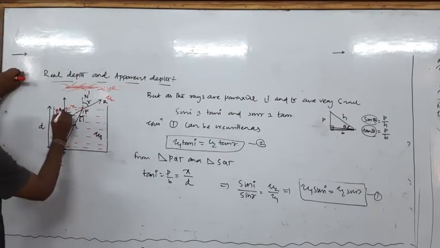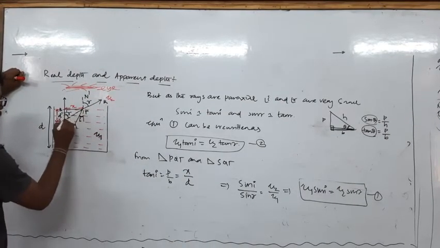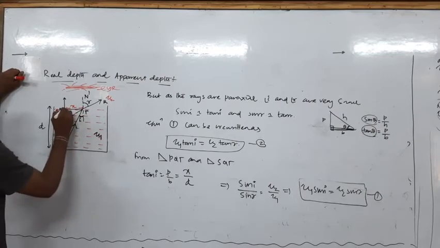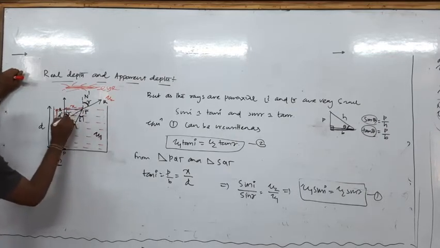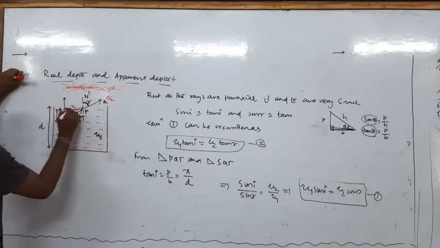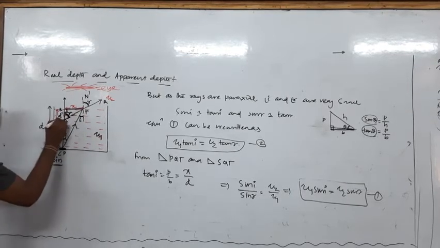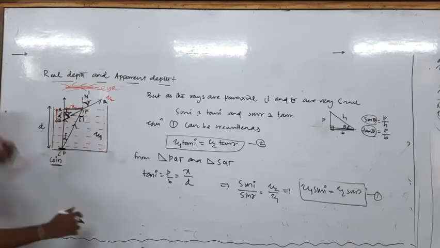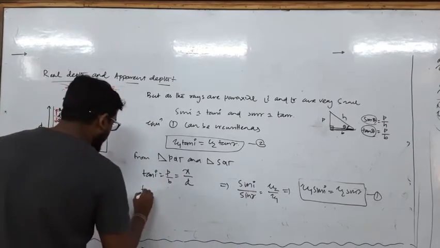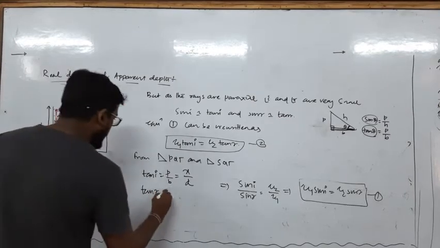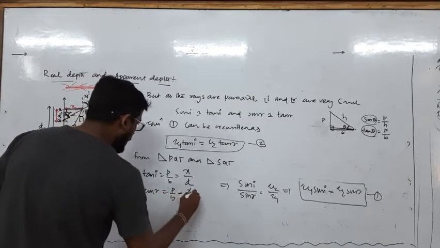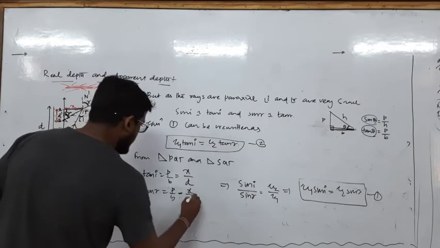Similarly, from the right angle triangle QST, this angle is R, so this angle is also R. This is the triangle I am considering, SQT. So in SQT I can write tan R, this angle is R, tan R equal to again P by B, that is x by D dash.